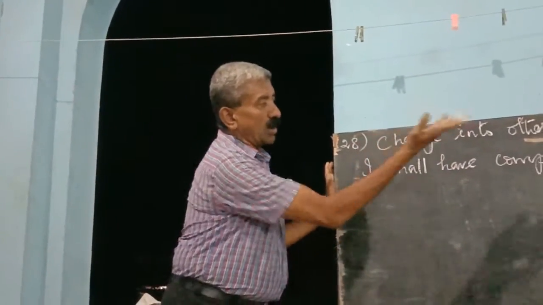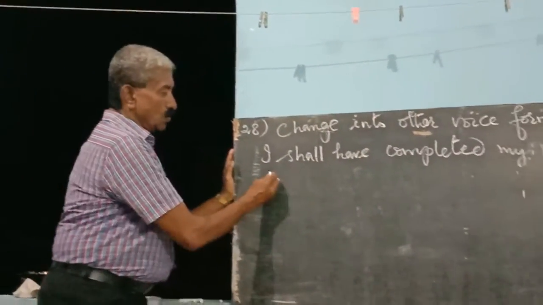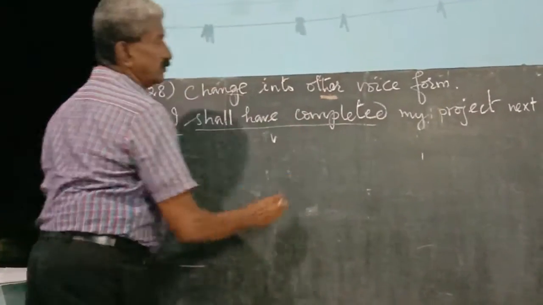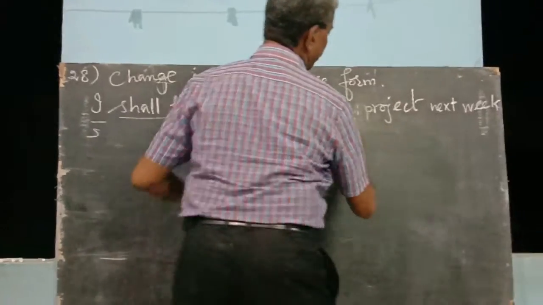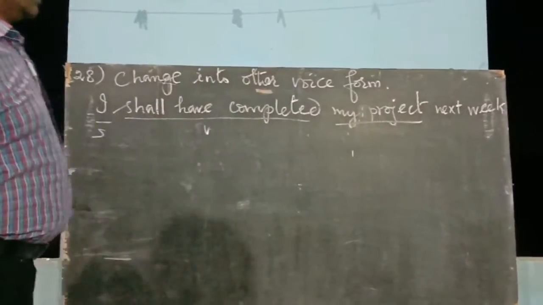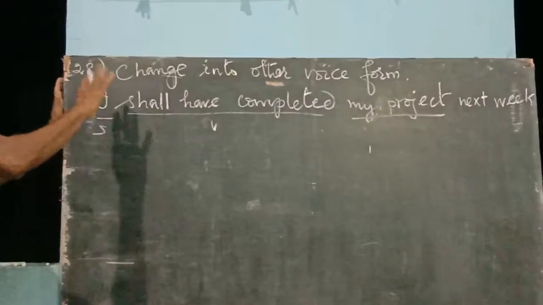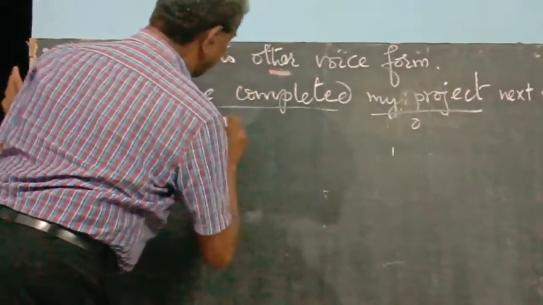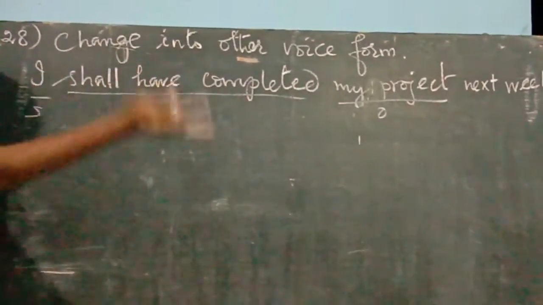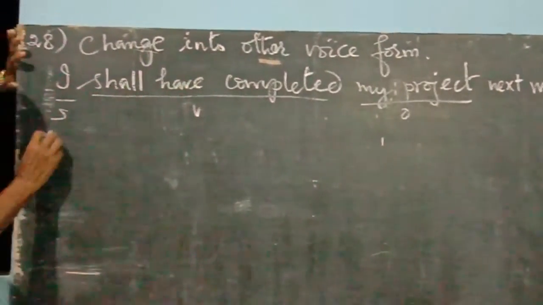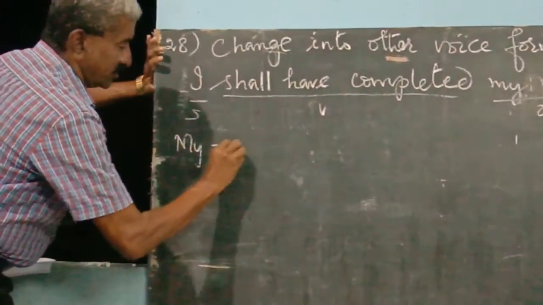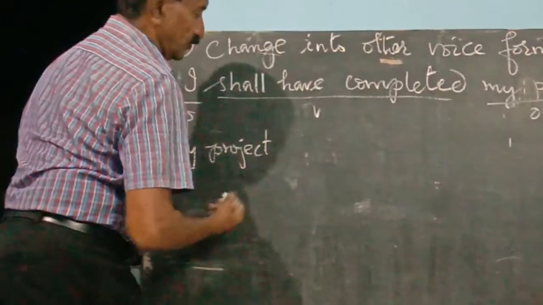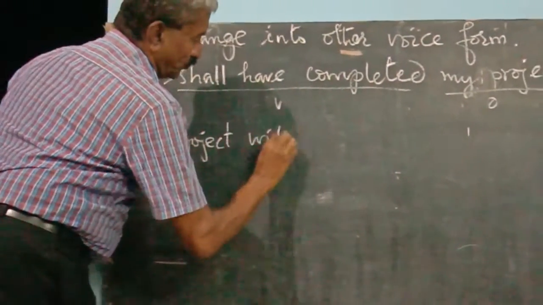Change into the other voice form. Now, I is the subject, shall have completed is the verb, and my project is the object. When we are changing from active to passive, what will happen? The object should come first. The verb will have the change. The object will come first. So my project. Shall or will, you can use either. Let's use will.